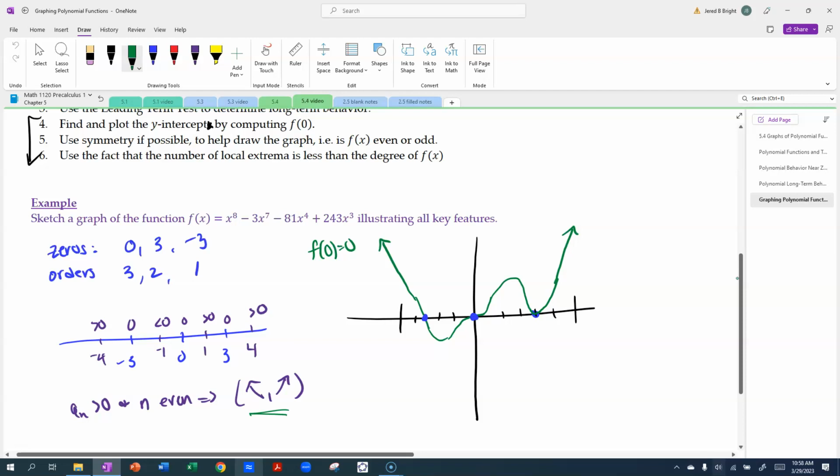And last, a reality check: we want to confirm that the number of extrema is less than the degree. The degree is 8, and I have a total of 1, 2, 3 extreme values that are local mins or maxes. That is less, so this is okay. And if you really want to check, make your own graph.